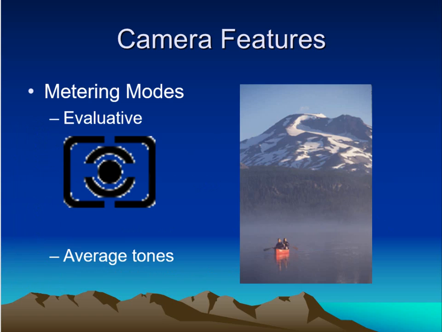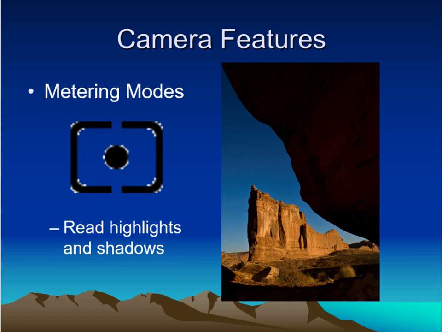So to give you an idea, here's a good example of using the evaluative metering mode for a scene that's pretty much got average tones. There's whites and there's darks and so on, and the exposure is good. But here's another scene where, as you can see, my camera's seeing the shadow side of this giant rock, which is framing the other rock. And if I was to use the average metering, the exposure would be way off.